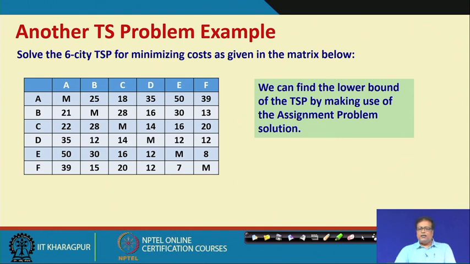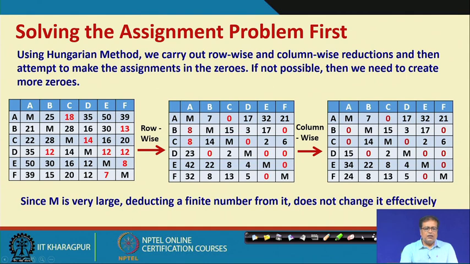So, we know that the lower bound can be found out by the assignment problem solution. So, how this assignment problem works out, let us see. If you solve the assignment problem, we take the original problem, we find the row wise minimums and then find out a certain number of zeros, right.